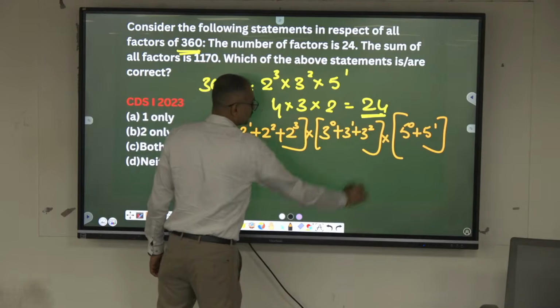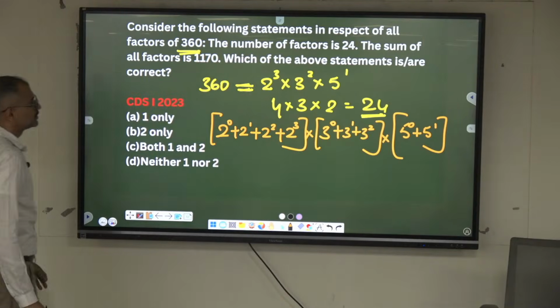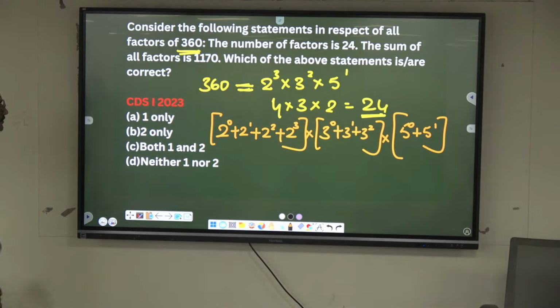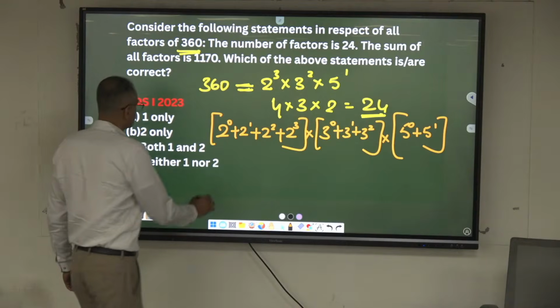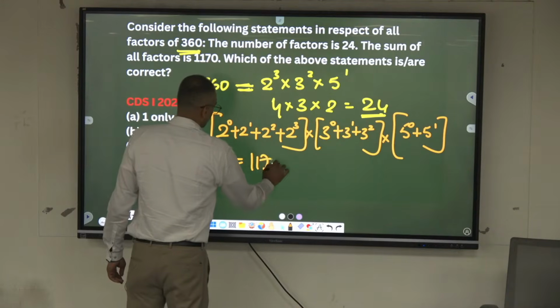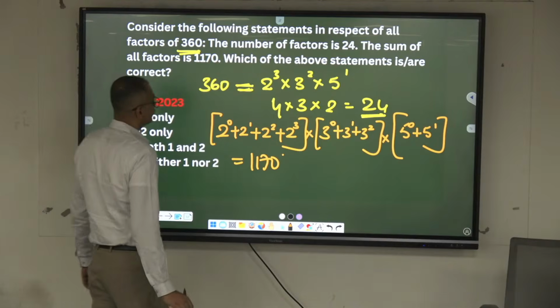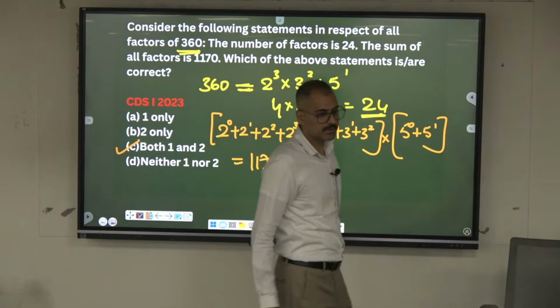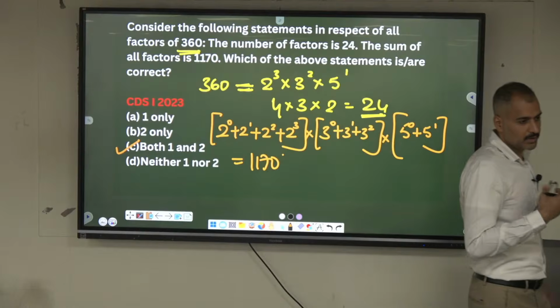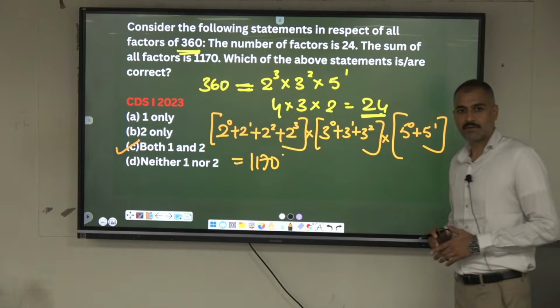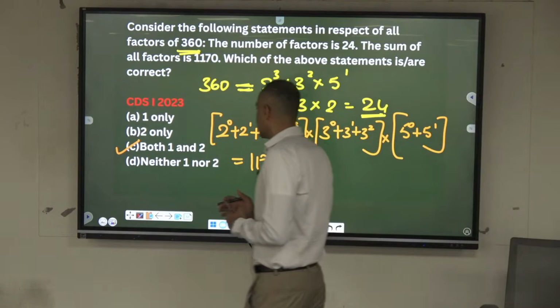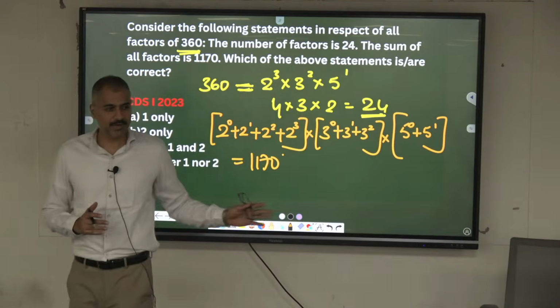I guess so. Come on, do the product. Which is equal to 1170. So both 1 and 2 are correct. Okay, sir, sum of the factors, number of factors. Recollect, you have done all this, okay?